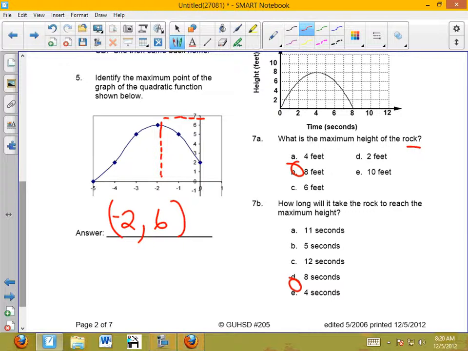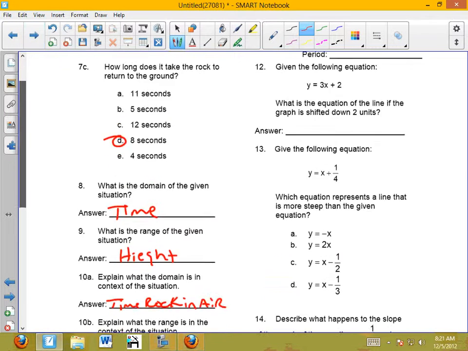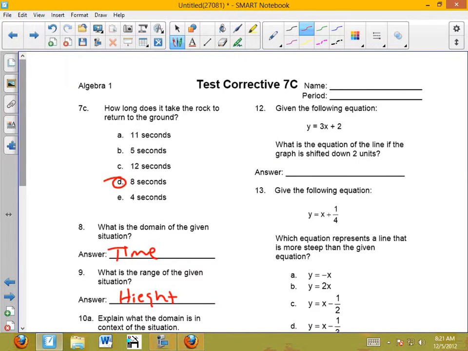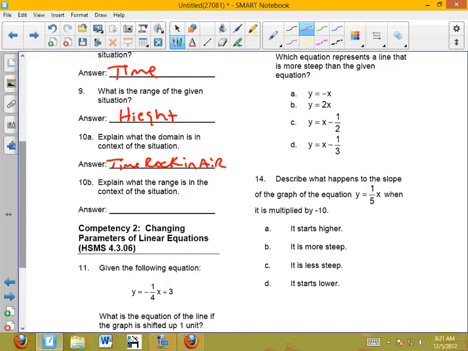So the domain is the time the rock is in the air. The range is how high the rock traveled. All right. That's competency 1.